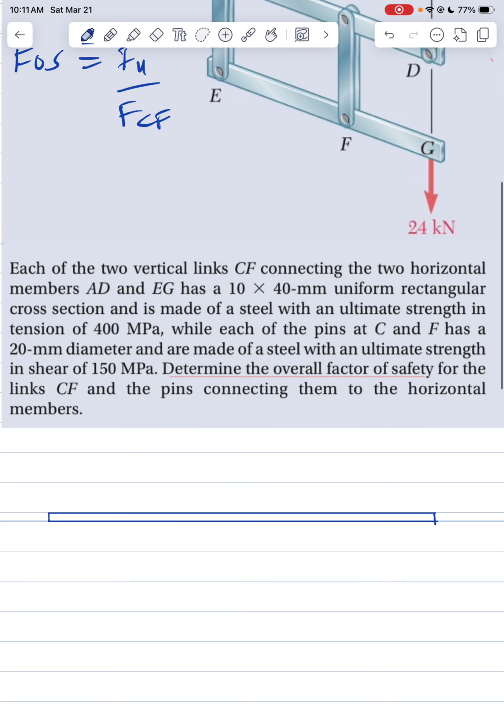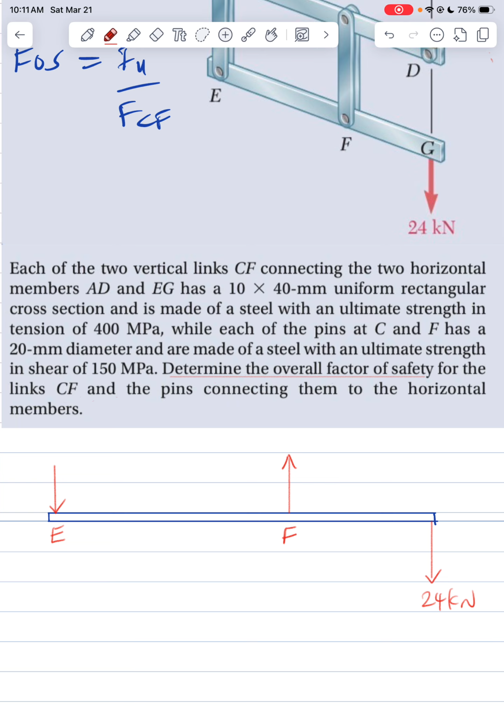There's a force at this point. Let's call this F and this E. It's acting downwards. There's a force pulling on that point, but it's downward. There's a 24 kilonewton force, which is the only known force we have here, right?